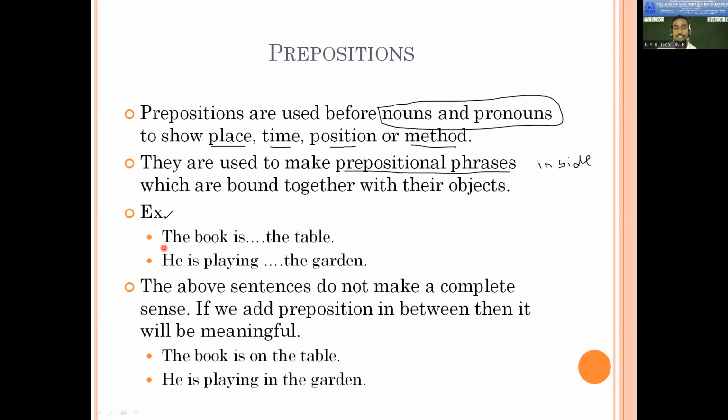The book is dash the table. What is missing here? The preposition is missing. Which preposition can you insert here? On. If you say the book is on the table, that is right. You can use multiple; it can be under the table also, isn't it? The book is under the table also. Then, he is playing dash the garden.